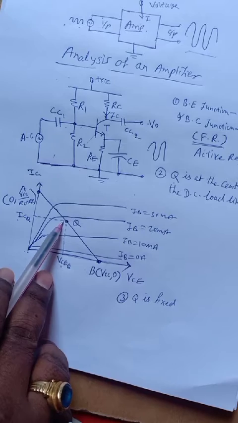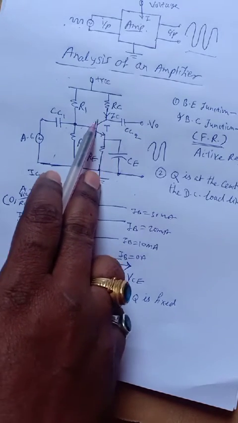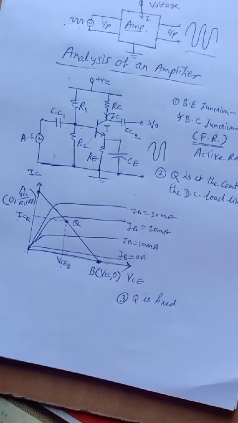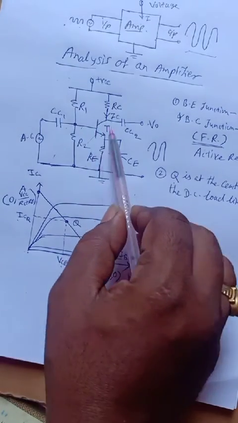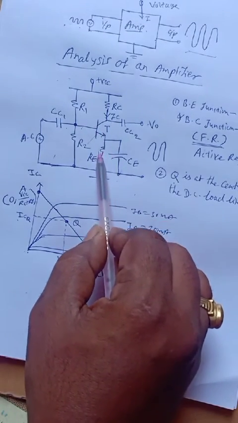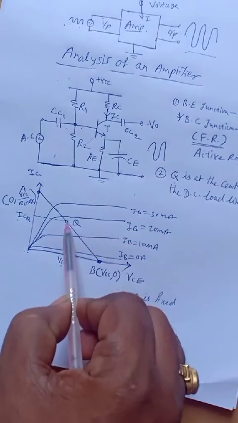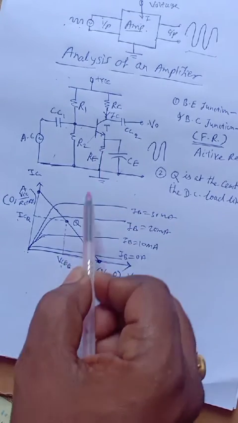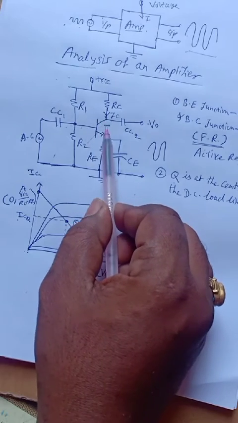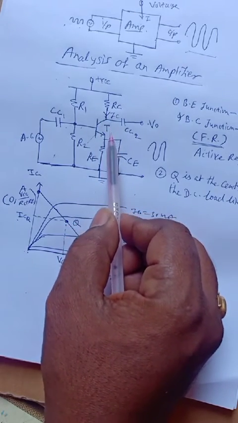So the Q point should stay at the center as the temperature of the transistor changes. This setting is done by RE. We already studied that: RE is used to stabilize this Q point at the center of the DC load line as the temperature of the transistor increases.